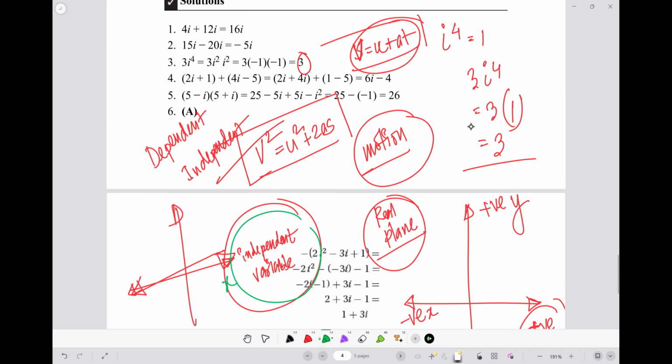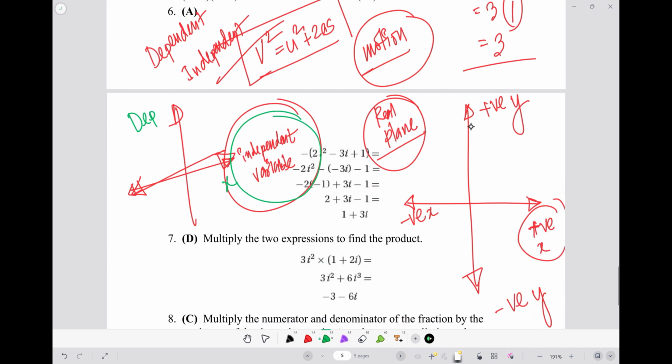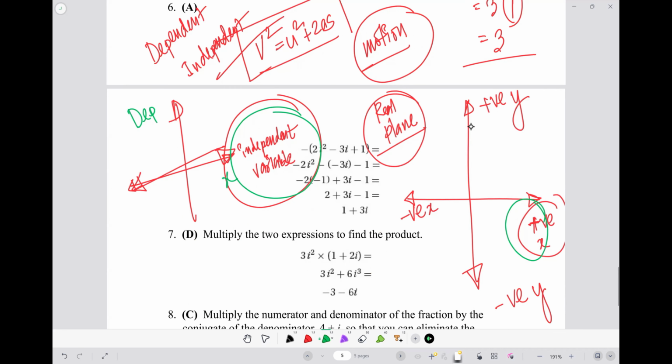But this is the axis of the independent variable, and this is the axis of the dependent variable. Most of the time, x is a symbol that represents an independent variable, and that is a custom, a tradition that mathematicians have developed.